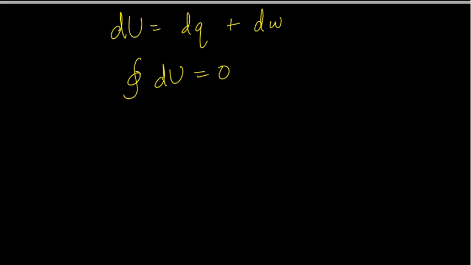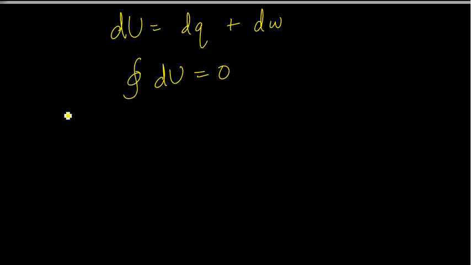And that's where the second law comes in, which says that if I put heat into a cycle and I want to get work out of that, it's necessary that I must waste some heat. Okay.